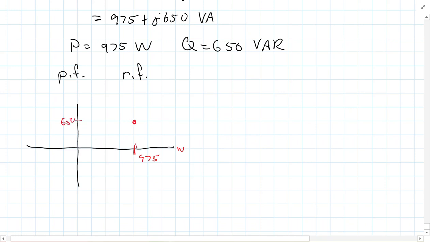So I have these guys here, and then this here is my S. And then this theta here, cosine of theta is going to be your power factor, and the sine of theta is going to be the reactive factor.